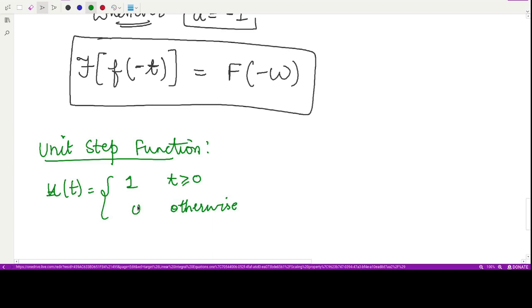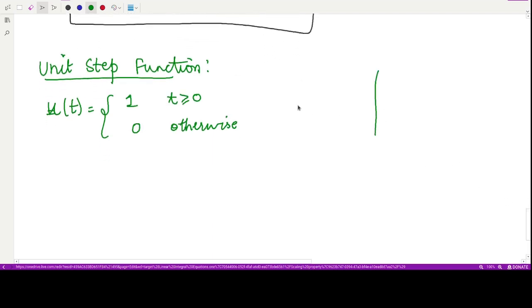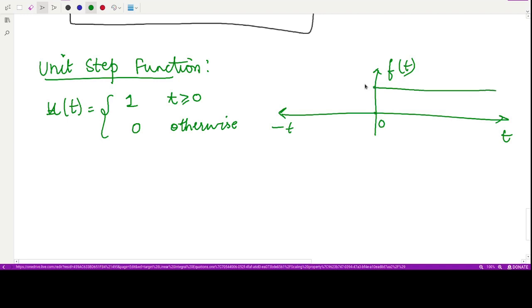How does it look? We have this as the function's axis, which is u of t, and this as the t axis. This is plus t and this is minus t, right? This is 0 here. Whenever t is greater than or equal to 0, the function's value is 1. So here we have 1 and here we have 0. So here this is your function u of t.